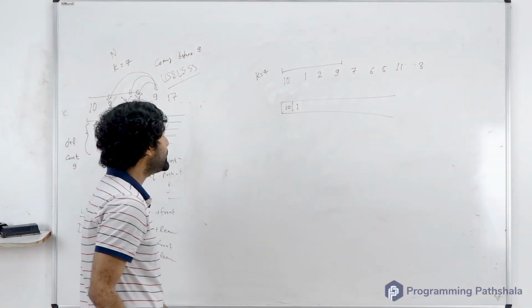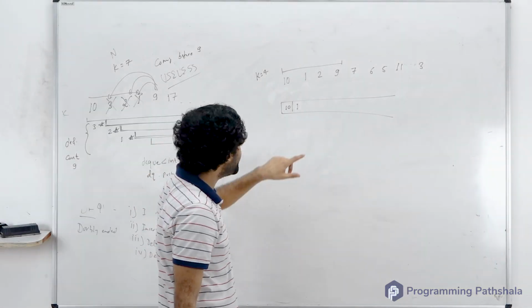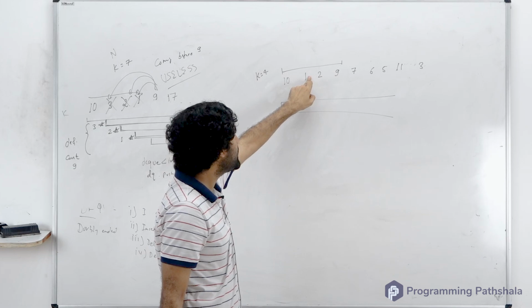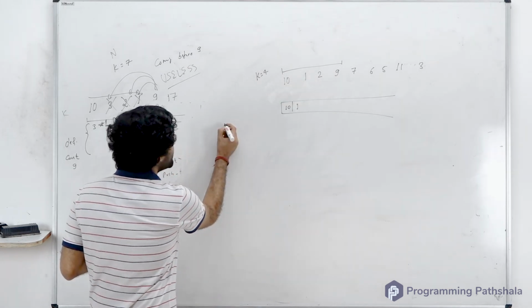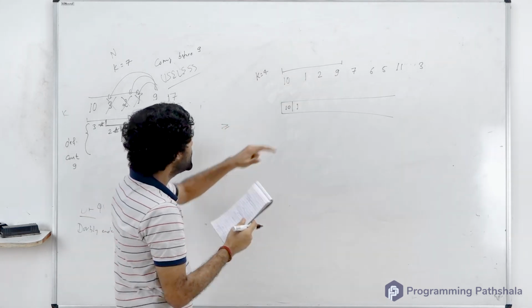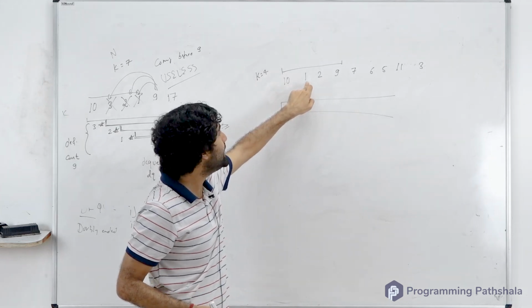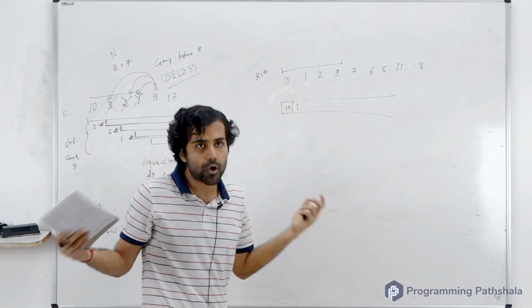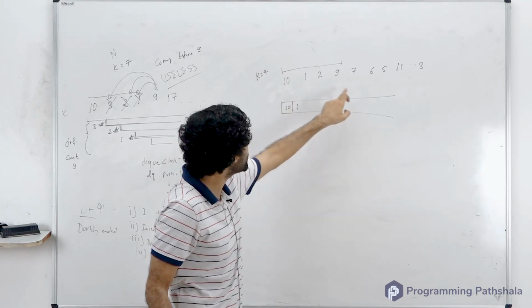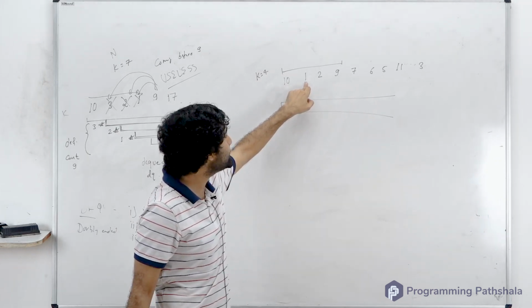The point to understand over here is, if this element is greater than or equal to any other element in this window, then this will definitely not allow this to be the answer. The logic for that is that any window that starts from here will definitely contain this 10 also.